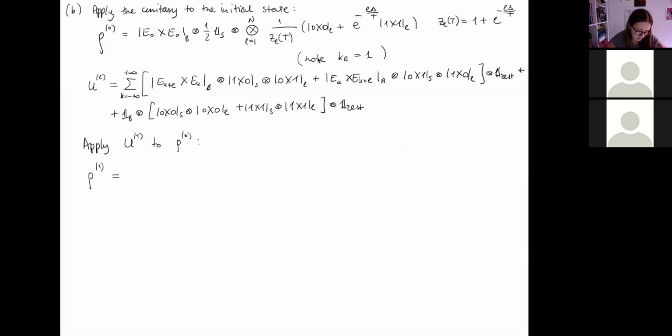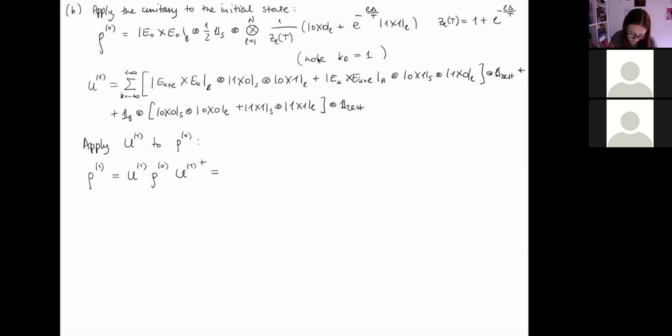Great. So rho 1 would be U1, rho 0, U1 dagger. Yes. So what is this equal to?